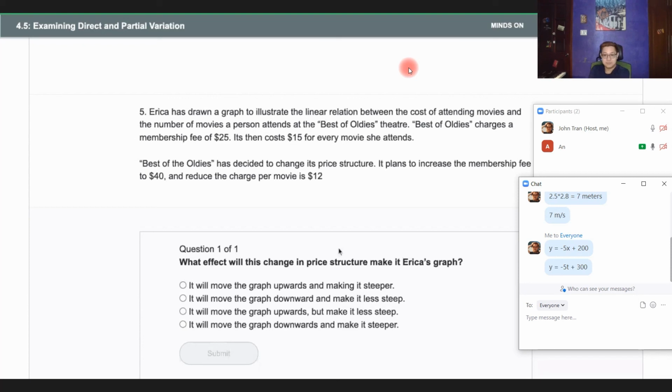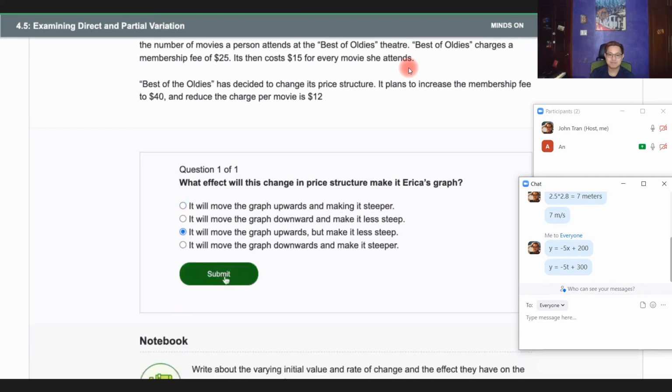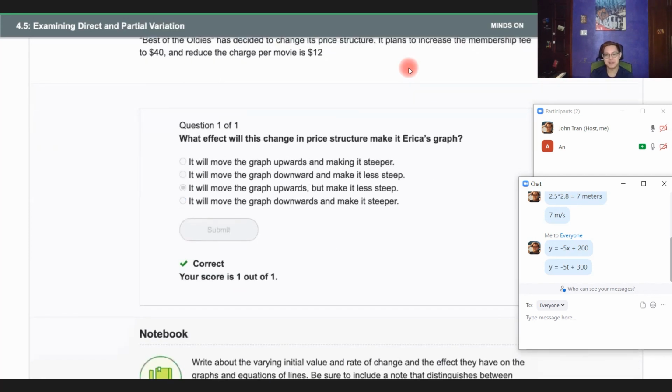And then reducing the price makes the line go down, steeper. Try again. Oh yeah, less steep. I didn't read it carefully. There you go. You have to be careful. Of course, you have to always be careful.